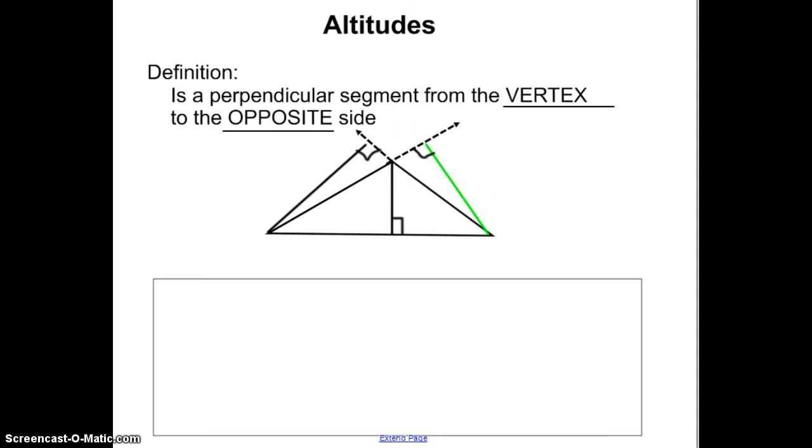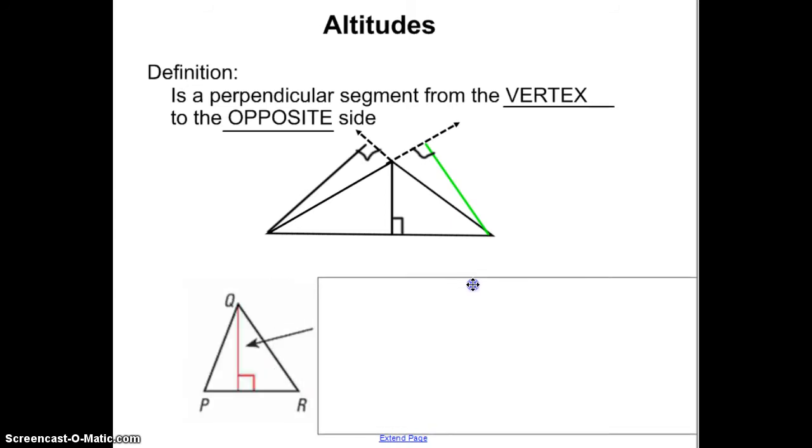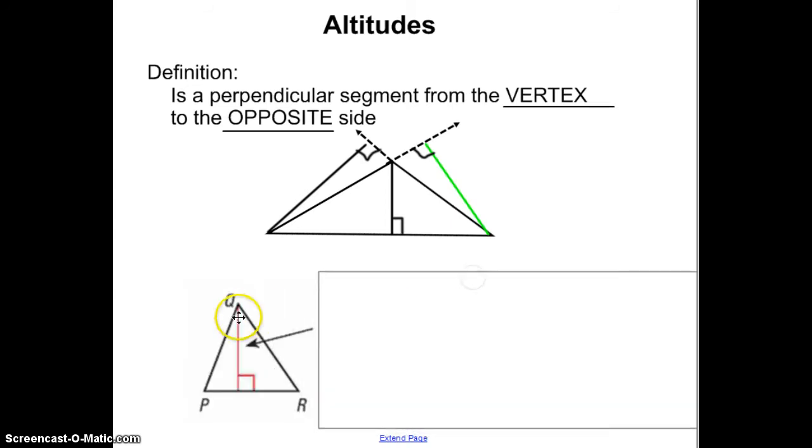Okay, so before you start doing your Geometry Sketchpad, let's look at these two examples first. In this acute triangle, this perpendicular, or this altitude, is inside of my triangle, right?